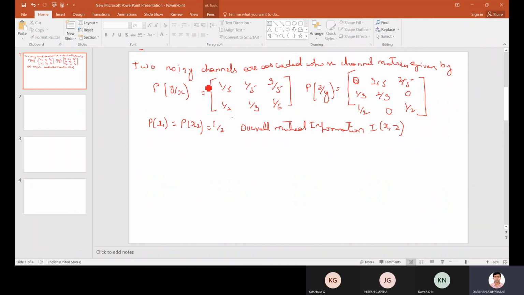We have x1, x2, and y1, y2, y3, and again y1, y2, y3, and z1, z2, z3. First we connect x1 to y1 in the x to y channel.